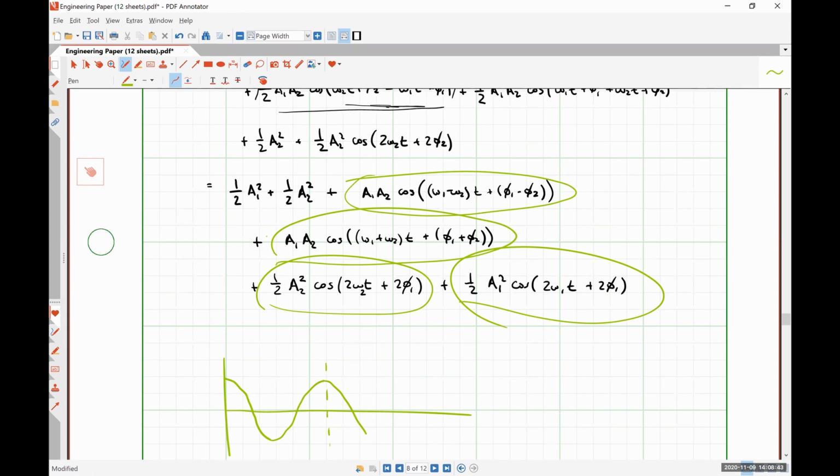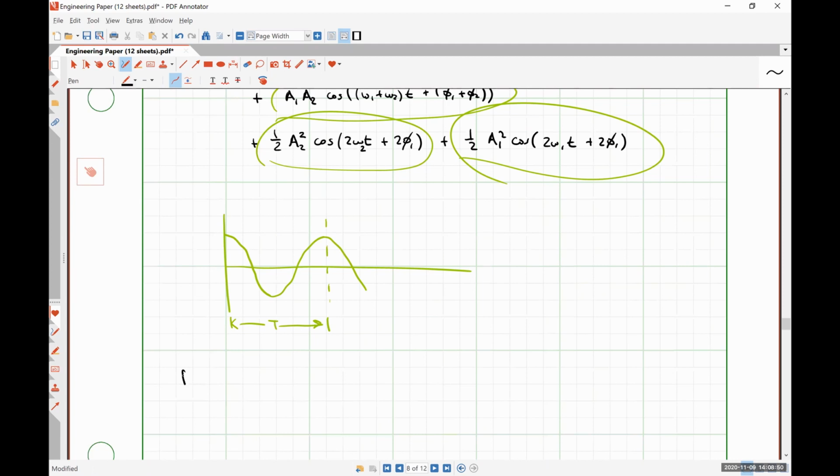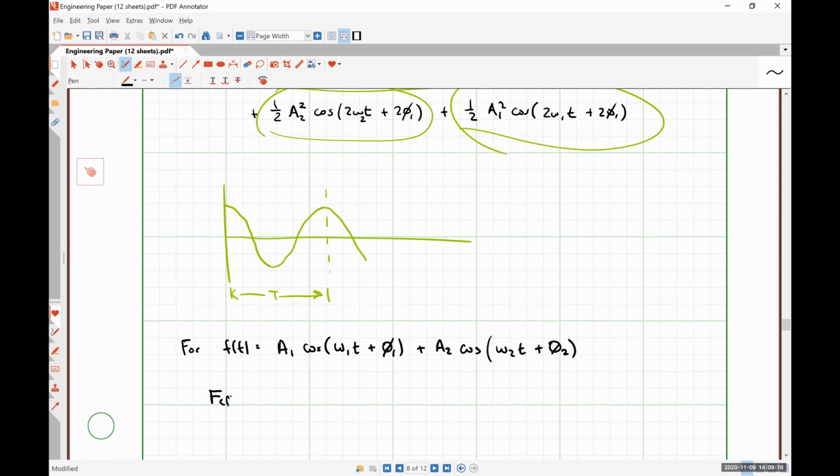So the RMS value for this big ugly thing, for f of t equal to a1 cosine omega 1t plus b1 plus a2 cosine omega 2t plus b2, F effective is simply going to be the square root of 1/2 of a1 squared plus 1/2 of a2 squared.